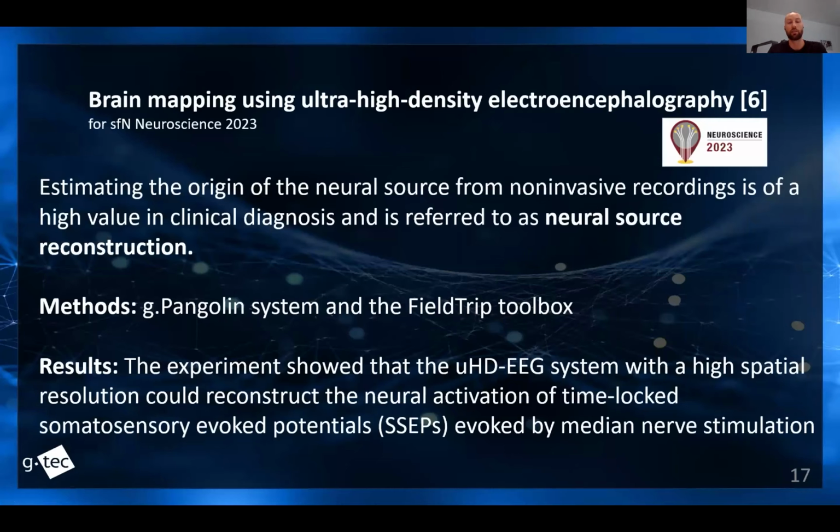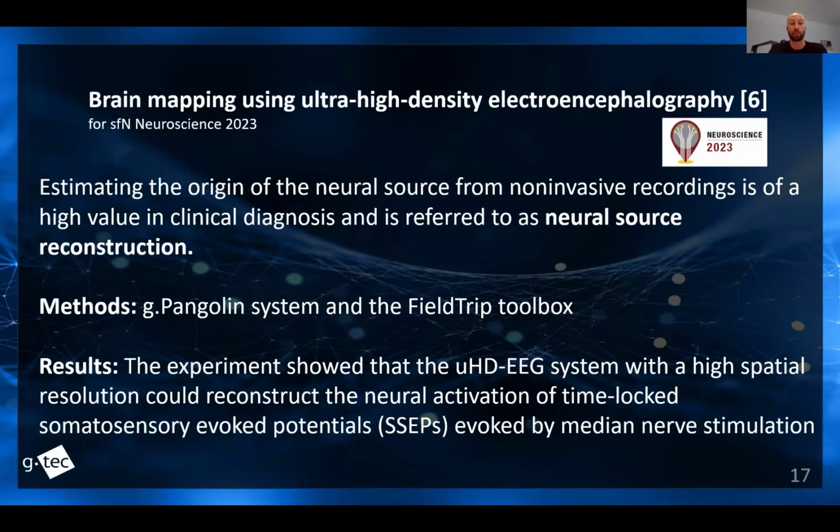And the system can also be used, of course, to feed source reconstruction algorithms. So it's very interesting, a higher density. It's in literature, it can be found that there is a need for high density for source reconstruction. And we implemented here the pangolin with the field trip toolbox.